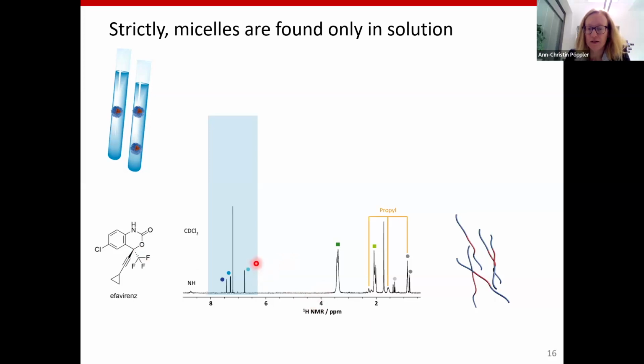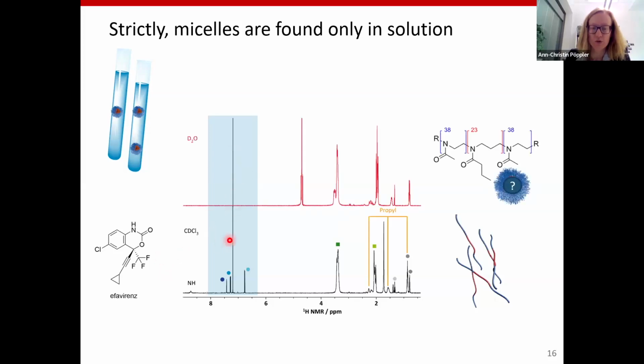And if I analyze the same sample with the same amount of efavirenz in aqueous solution, you can see that here in the aromatic region, where there should be signals from the drug, there's nothing to be seen. So essentially, we are invisible to what is happening in the core of this particle.